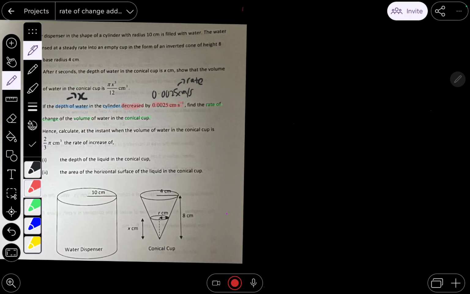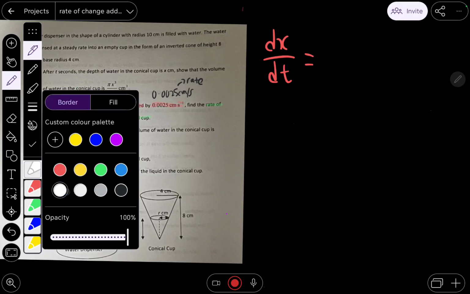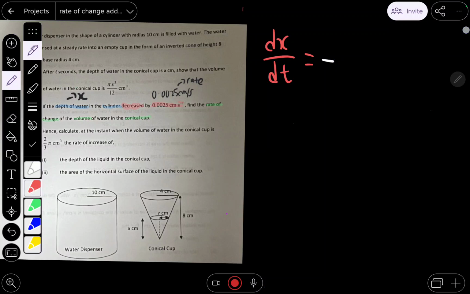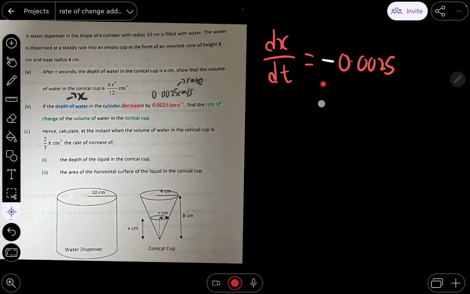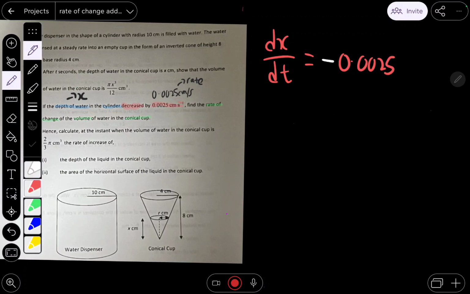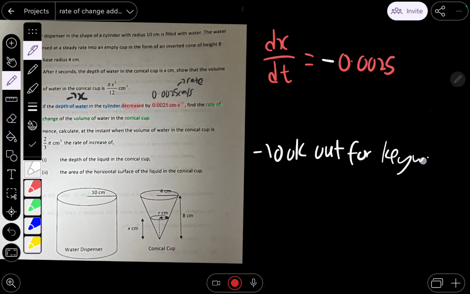Can we say that dx over dt is minus, okay, wait, I write minus 0.0025. Okay, why minus? Look out for keywords in rate of change questions. I want you to look out for keywords like increasing, decreasing.